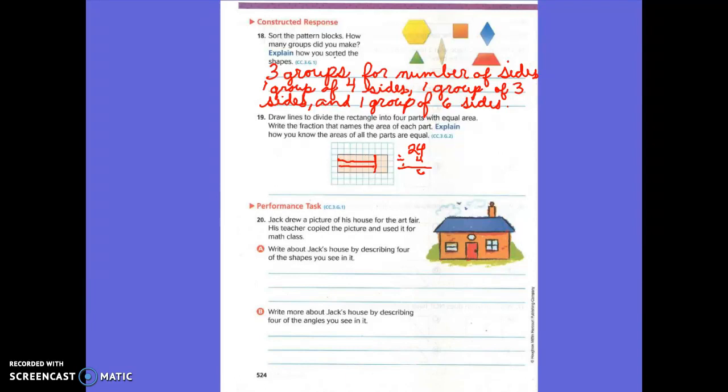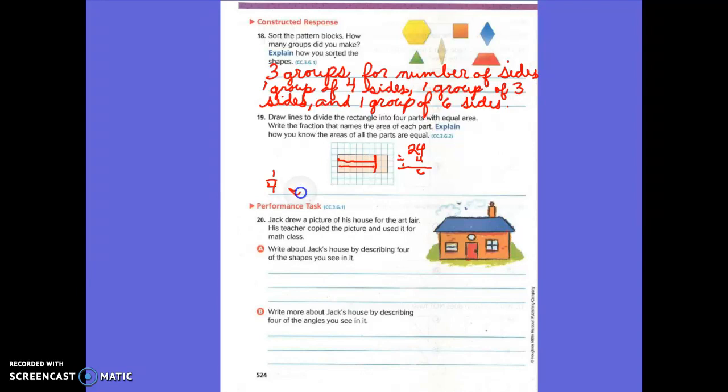Okay. 1/4, because it says there are 4 parts. Right? Alright. Then it says explain how you know all the areas of all the parts are equal. How do you know all those are equal? We all have 6 squares in them.